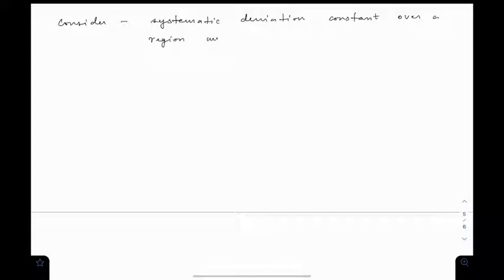So to estimate the effect of fine binning for a smooth deviation, we consider a systematic deviation which is constant over a certain region with n0 entries and which produces an excess of epsilon times n0 events.